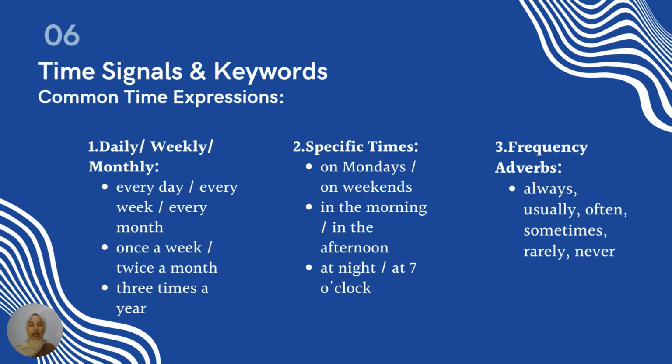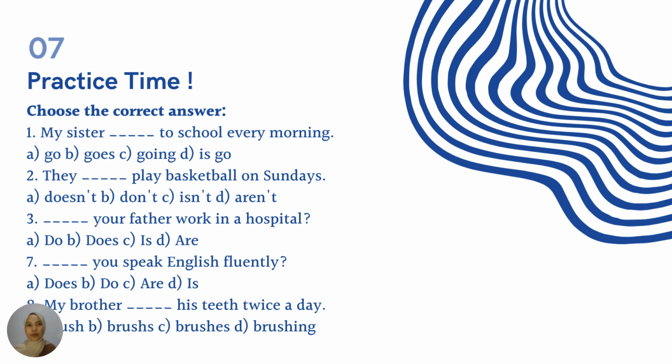For example, on Mondays, on weekends, in the morning, in the afternoon, at night, at 7 o'clock, at 8 o'clock. And then the frequency adverbs. For example, always, usually, often, sometimes, rarely, and never. So these are the time signals and keywords for simple present tense.